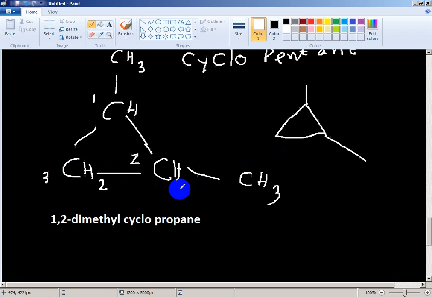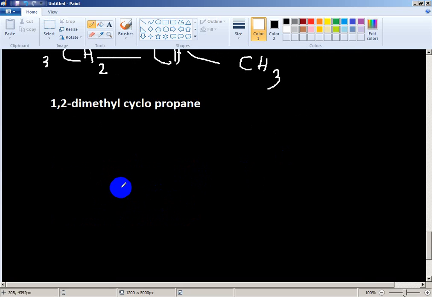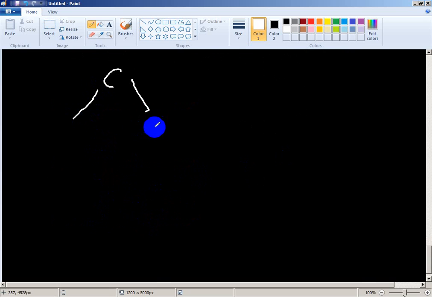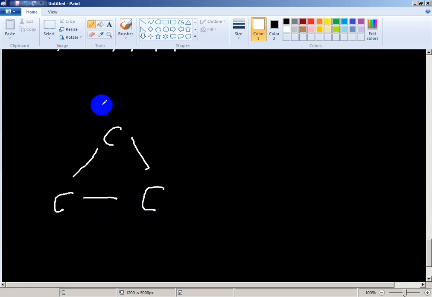Okay, now this can be written here another way. In one position here, one position I give to methyl carbon.